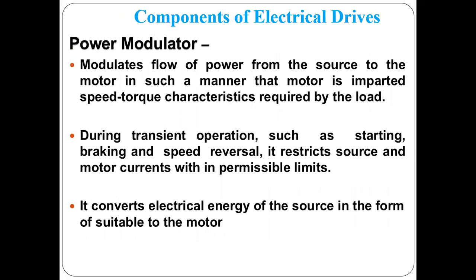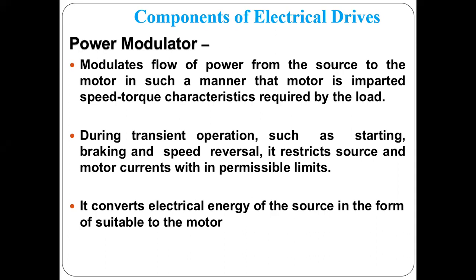Now, what is the function of the power modulator? The power modulator modulates the flow of power from the source to the load in such a manner that it imparts the speed torque characteristic required by the load. That means according to the load, it can modulate the flow of power. And during transient operations such as starting, braking, and speed reversal, it restricts source and motor current within permissible limits.